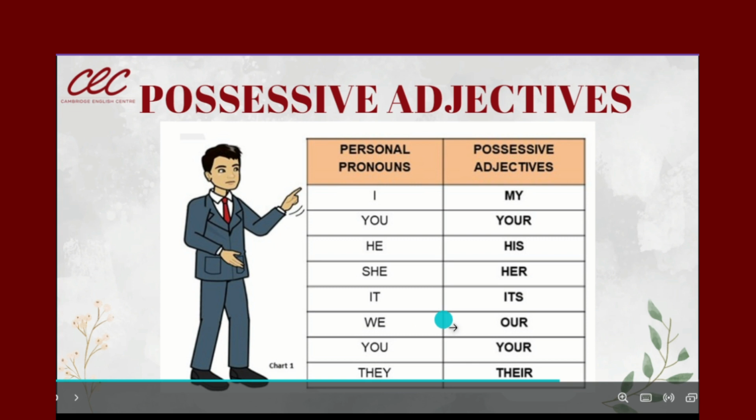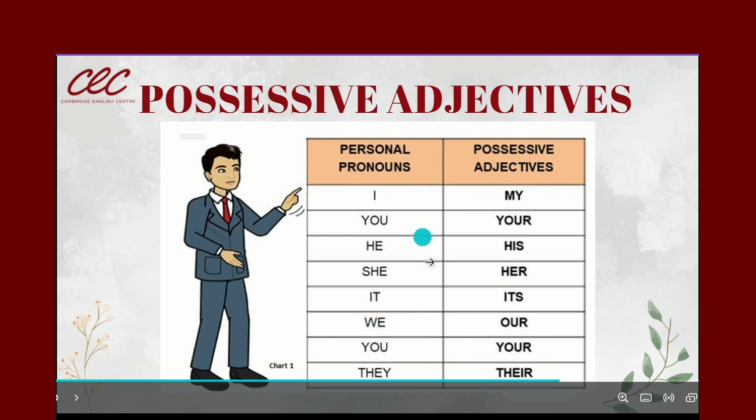We have a book, our book. ¿De quién es el libro? Nuestro, ¿cierto? Nuestro libro. You have a book, ustedes tienen un libro, your book. Su libro. ¿De quién? De ustedes. They have a book, their book. ¿Ok? Their book. El libro de ellos.